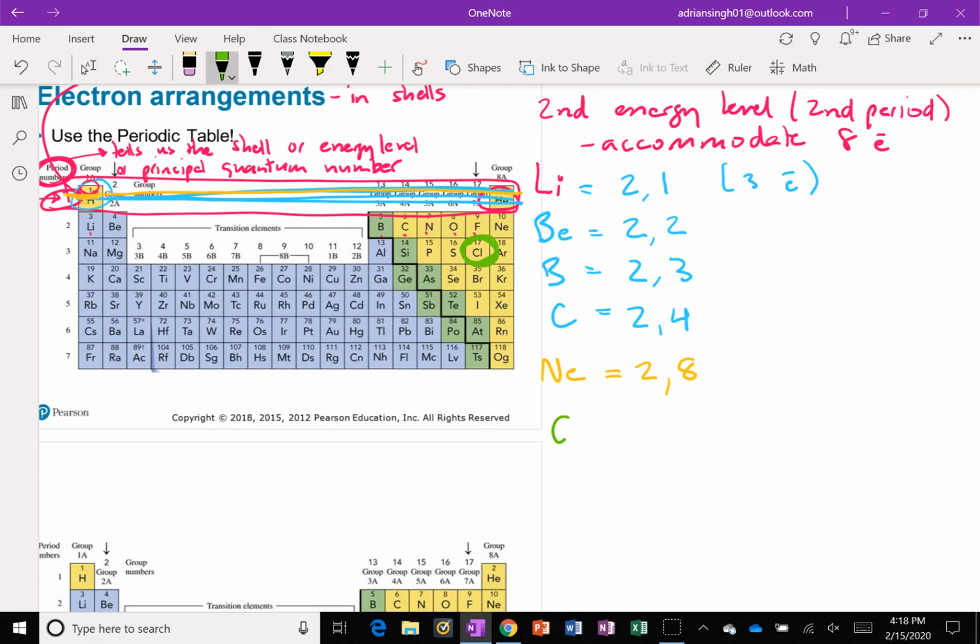We know that there are 17 electrons that we would have to arrange. Well, we start at the top, right up here, and we work our way across. So 1, 2, then 1, 2, 3, 4, 5, 6, 7, 8 gets us to neon, and then 1, 2, 3, 4, 5, 6, 7 gets us to chlorine. So that's 2, 8, and 7, 17. Those are 17 electrons for chlorine, and we can use our periodic table to help us.